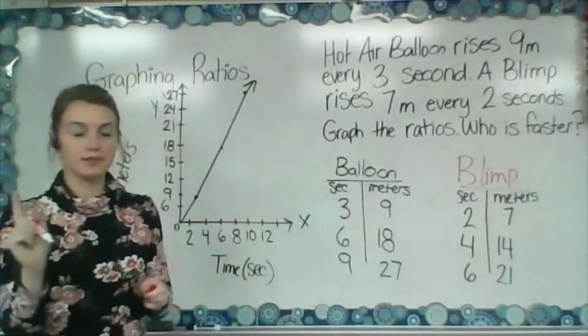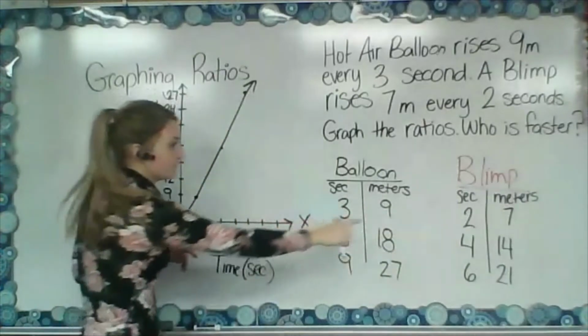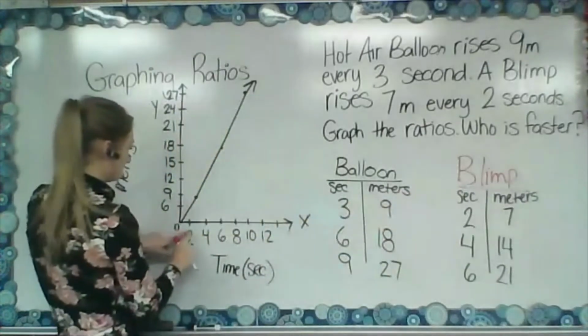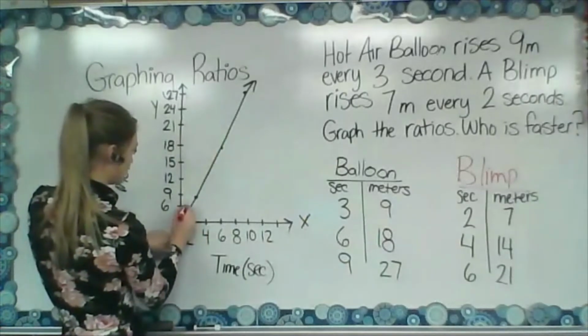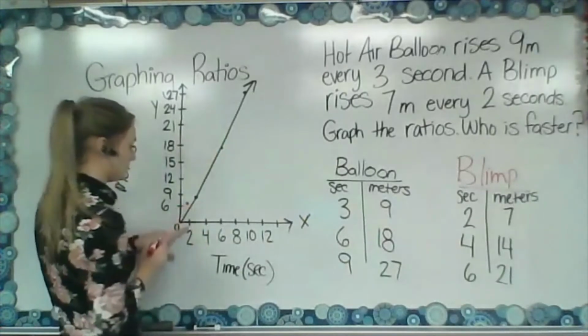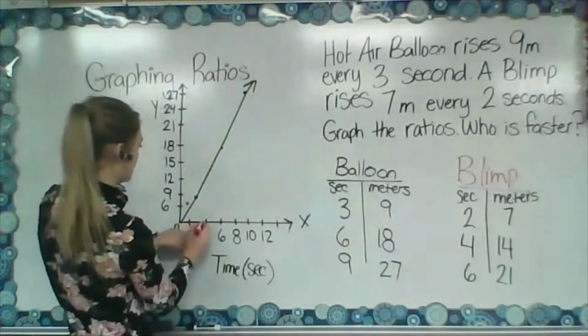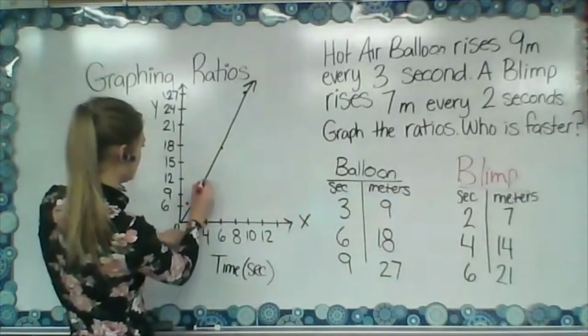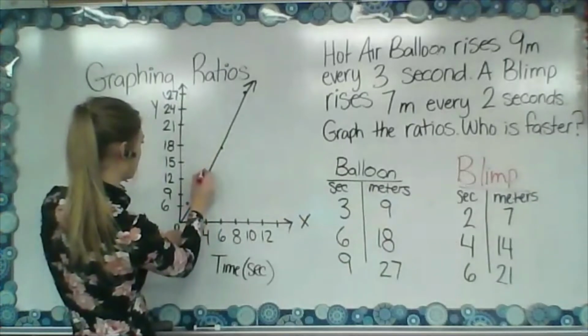Now let's do the blimp. We're talking about these ratios over here. So my first one is 2 to 7. So I'm going to go over 2, up 7. And then I'm going to go over 4, up 14. So that's going to put me right here.